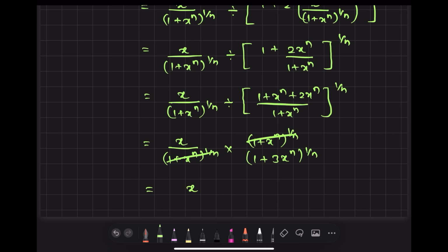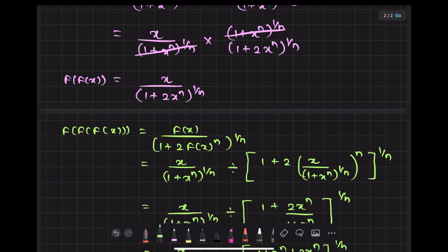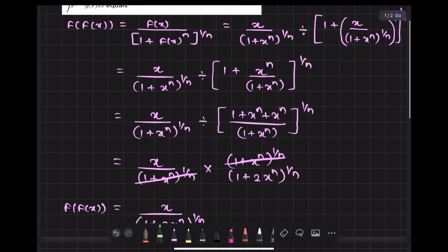So we have x by (1 plus 3x power n) to the power 1 by n. Who is this? This is f of x. So you have 3f, so you got 3. If you will have 2f of x, you have 2. If you have 1f, you have 1.